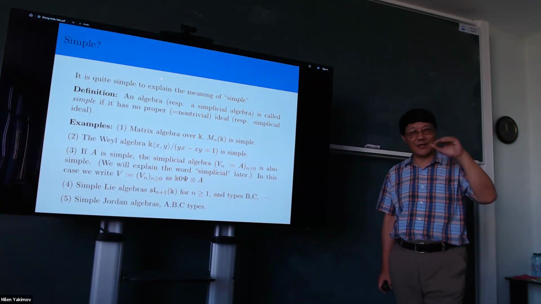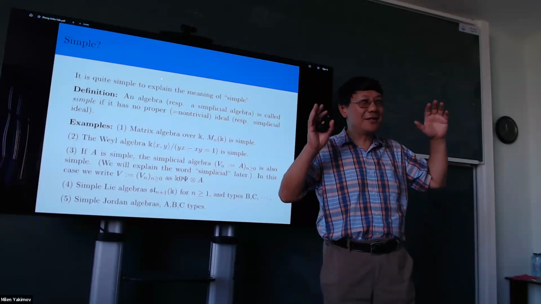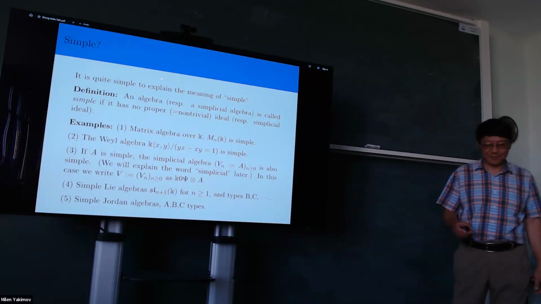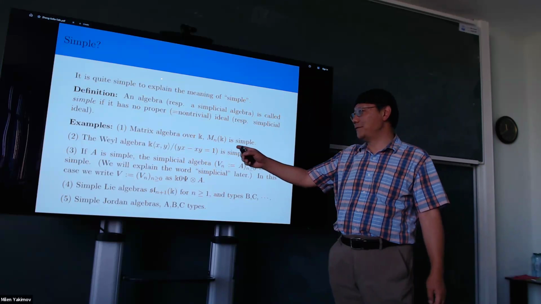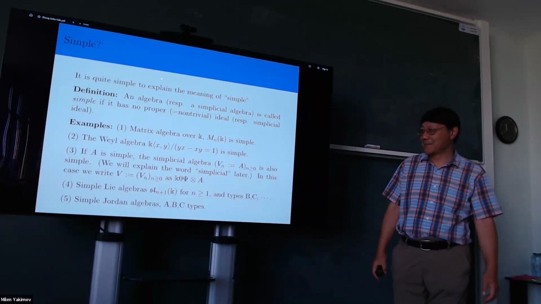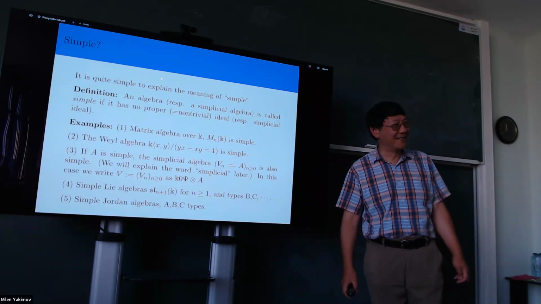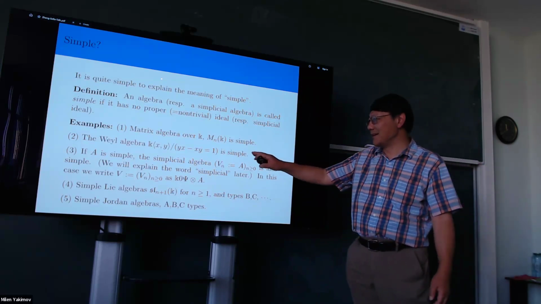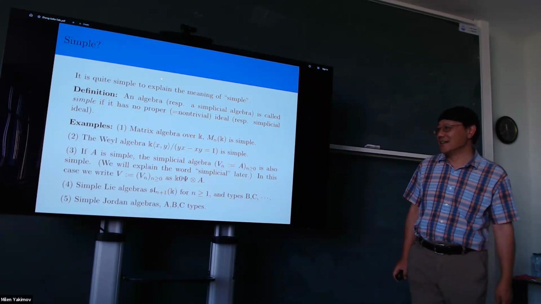This definition applies to all algebras: Lie algebra, Jordan algebra, Poisson algebra, whatever algebra you can think of, we use the same definition of simple. For example, the matrix algebra over a field is simple as an associative algebra. Then, of course, maybe we require some condition on the field.